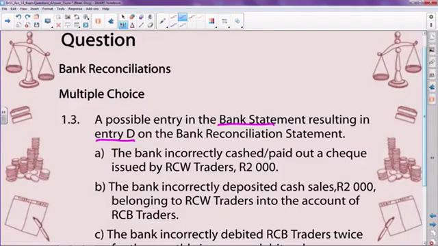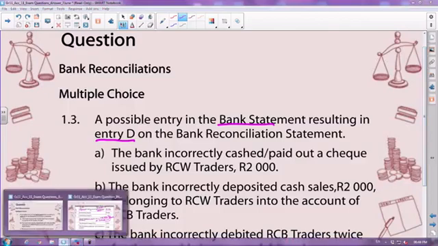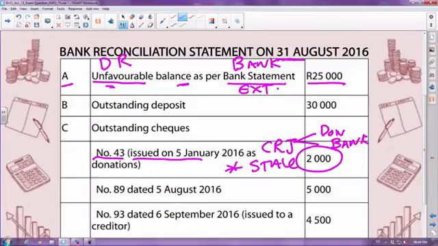So in other words, something that appeared in the bank statement resulting in entry D on the bank reconciliation statement. So let's go to entry D. Let's firstly look at entry D and then we'll look at our alternatives.